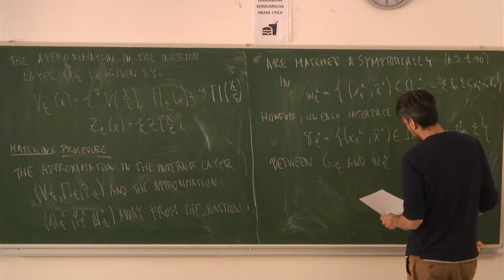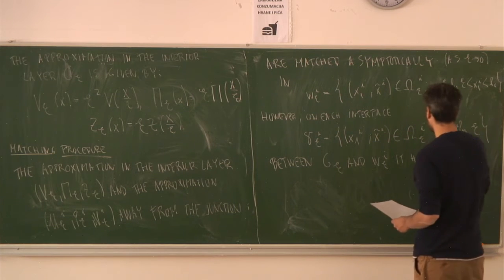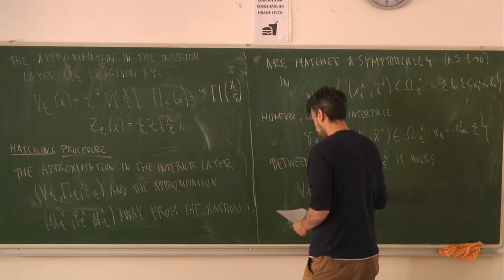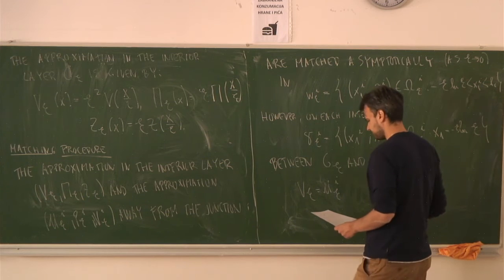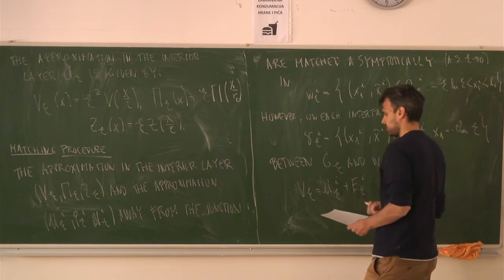It holds, so you have the following, that v epsilon is, of course, you can write it in this way, u epsilon I plus this error, which you want to be as small as possible, of course.